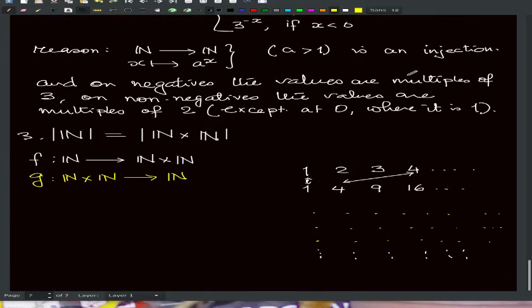So if you seem to be despaired with this one kind of arrows, you have to start using the other kind of arrows. Any idea?